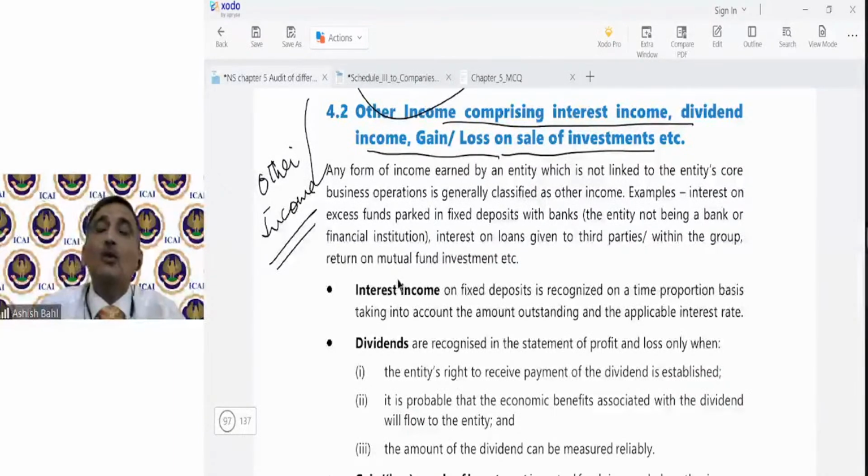So if income is arising from something that is not the main work of the company, that would be known as other income. Like say the company has invested some money in shares, or has kept some money in fixed deposits with a bank. Obviously it would be earning interest on those fixed deposits, or dividends on those shares held.